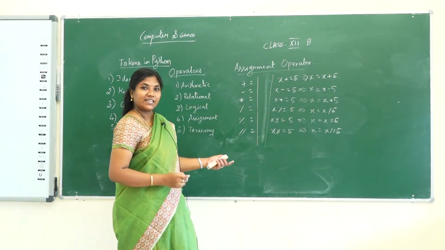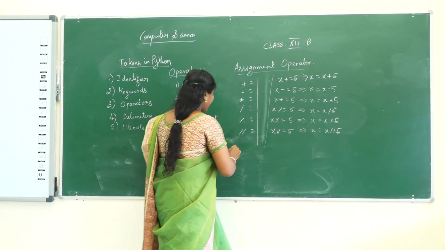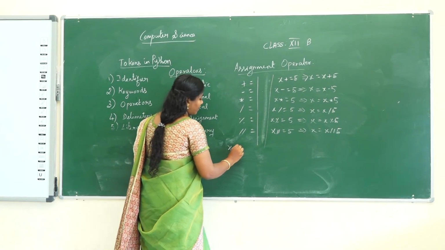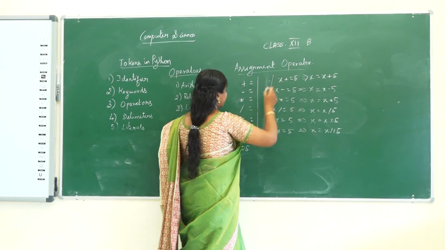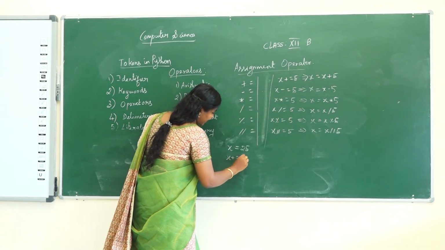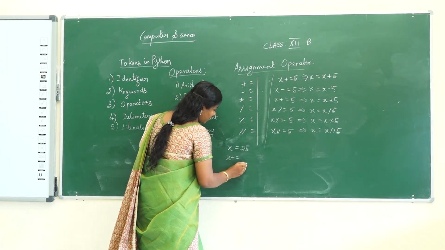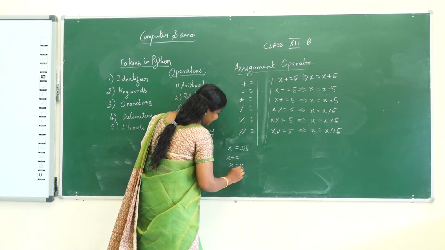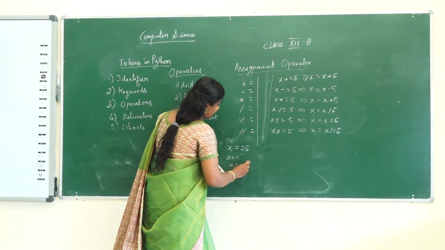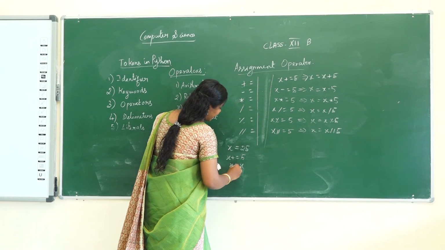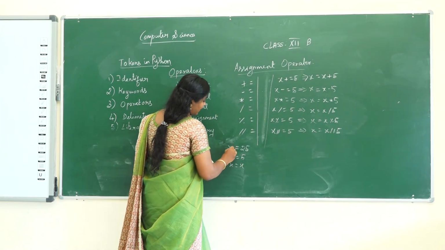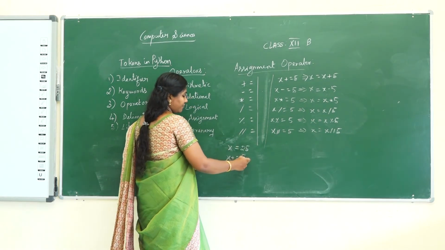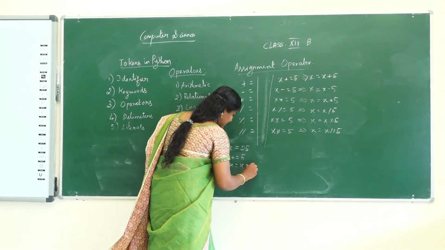Now we will see it in a program. Suppose I have the value of x as 25. What will be the value after x plus equal to 5? Then x is equal to x plus 5.